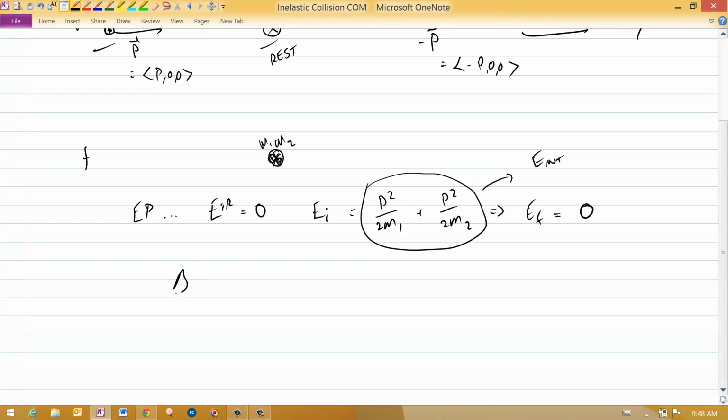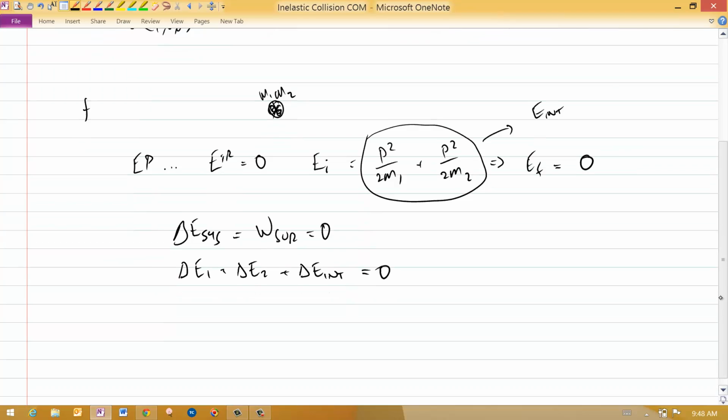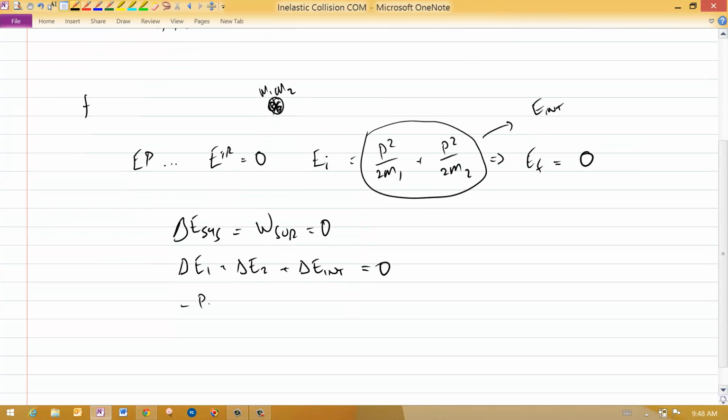So what I have is the change in the energy of the system. It's an isolated system, so the work from the surroundings has got to be 0. So the change of energy 1 plus the change of energy 2 plus the change in the internal interaction energy has to be 0. Change E1 is minus P squared over 2m1.